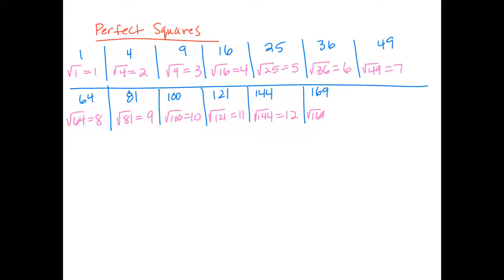So the square root of 169 is 13. 14, I believe, is 196. So the square root of 196 is 14. And then 15 is 225, I believe. 225 is 15. Okay. Those are usually the ones that show up the most.